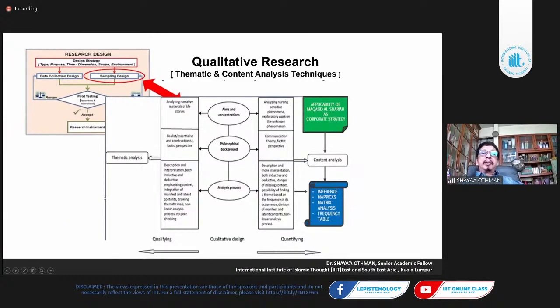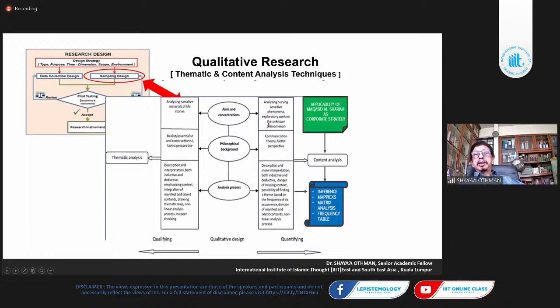Okay. When I talk about qualitative research, thematic and content analysis interest me very much, because there are areas of development in them. You can see thematic going toward subjective, qualifying certain things. And then the most interesting is content analysis. It is used in psychological research, but I used it for my study of Sharia scholars' perception toward management.